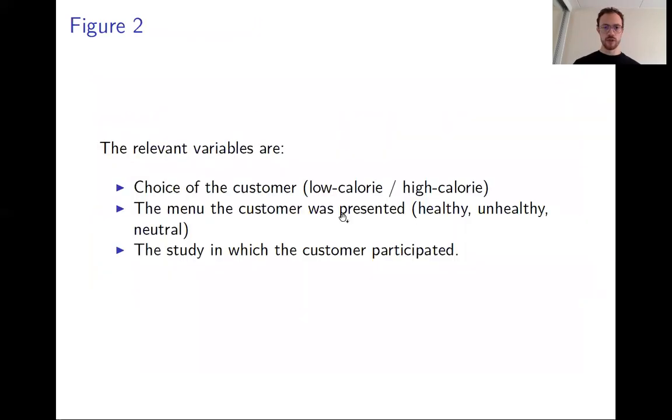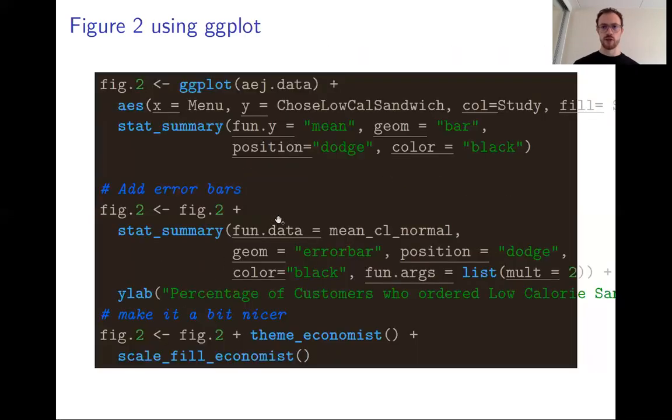Then, since we need to have error bars, I need to add a second geometry layer, and I choose again stat summary. And I had to look up myself how to do this. I didn't know this before. But I will apply a different function to the data here, which is called mean_cl_normal, which basically just calculates the mean and the standard errors.